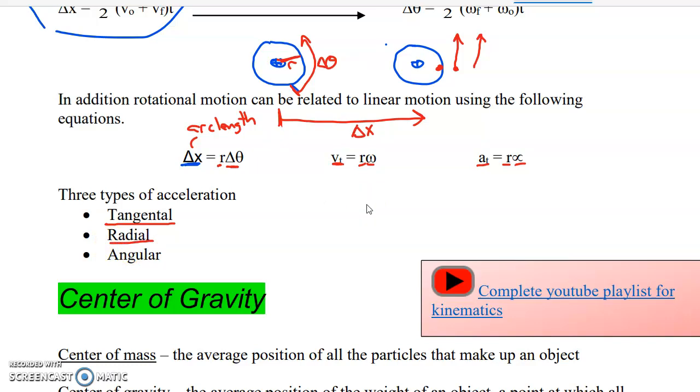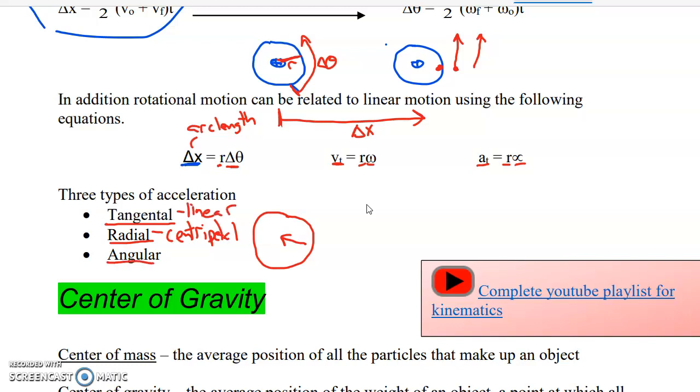If I take a look at an object, the radial acceleration would be that center seeking acceleration. We've used the word centripetal for this, and this is our linear acceleration.